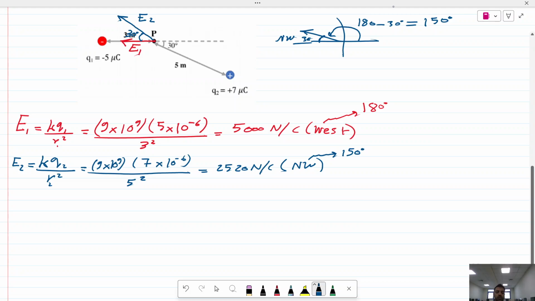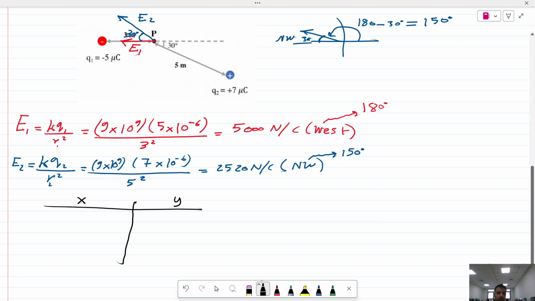What we need to do is find the x and y components and find the total x and total y. So we'll do a small table. We'll calculate the x components over here and the y components over here.